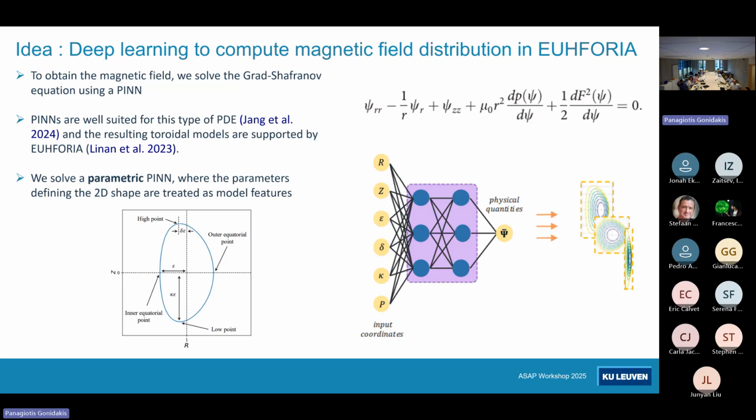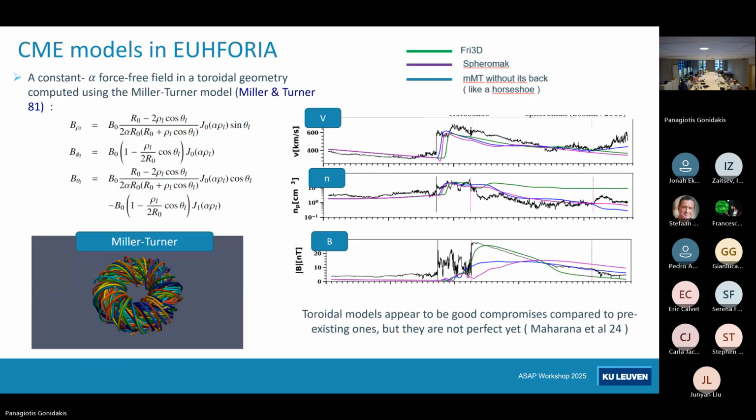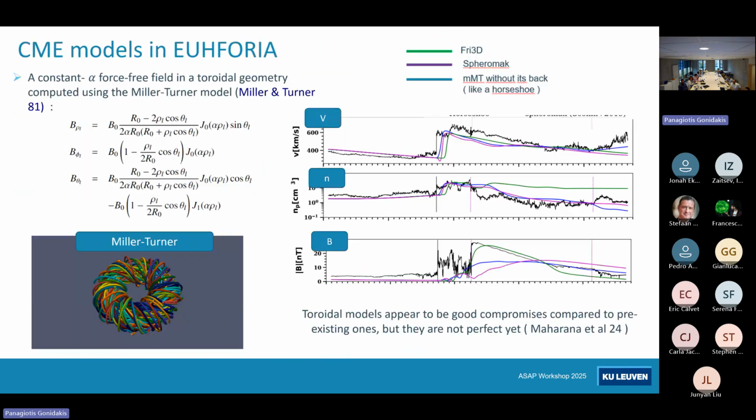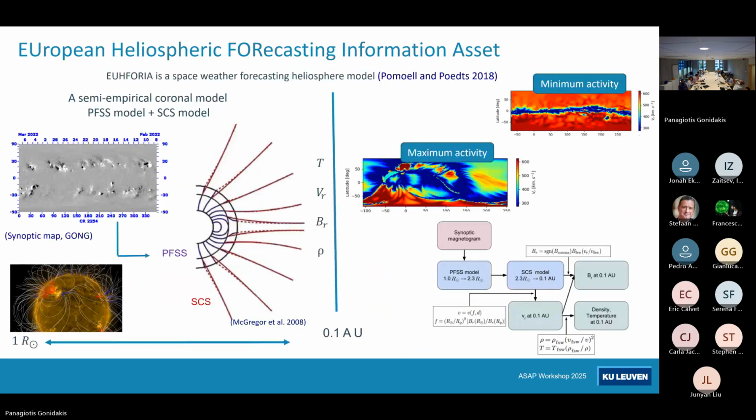No, we don't know. But it's one solver to have access to in EUHFORIA, because the classical way to do it, in fact, is you take the map. You know that the flux rope is crossing. So you determine if it is crossing or not. If it is crossing, you compute the magnetic field at this point. So you need to compute it.